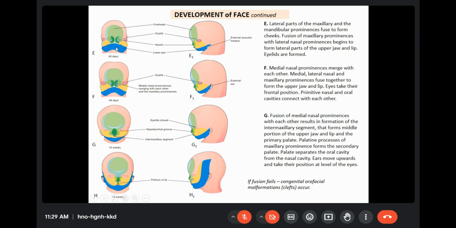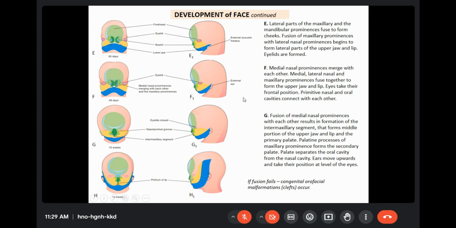It will be the cheek, and here also, the fusion of the maxillary process with the lateral nasal process starts in this area, and here begins to form the upper jaw and lip.